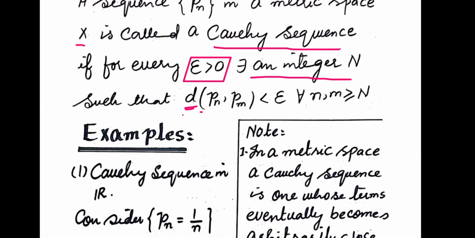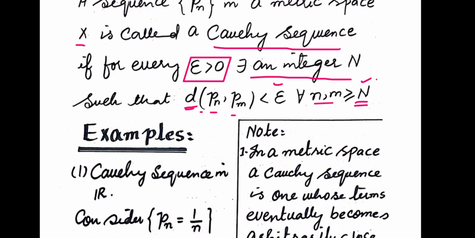So he says a sequence Pn is a Cauchy sequence if the distance between two terms of the sequence, Pn and Pm, is always less than epsilon, where n and m are integers and both are greater than or equal to integer N. In other words, after some stages, capital N shows stages.